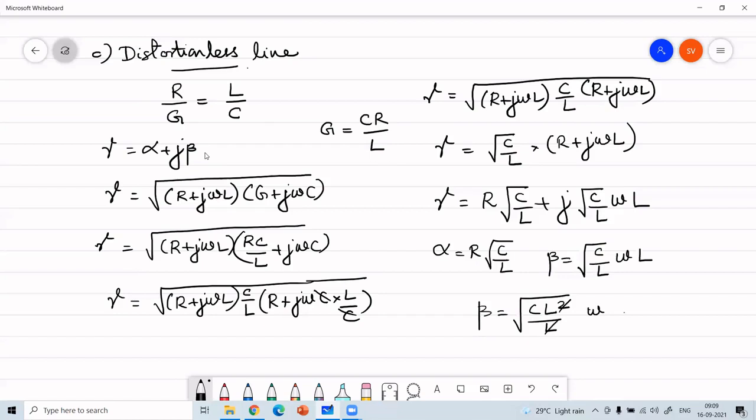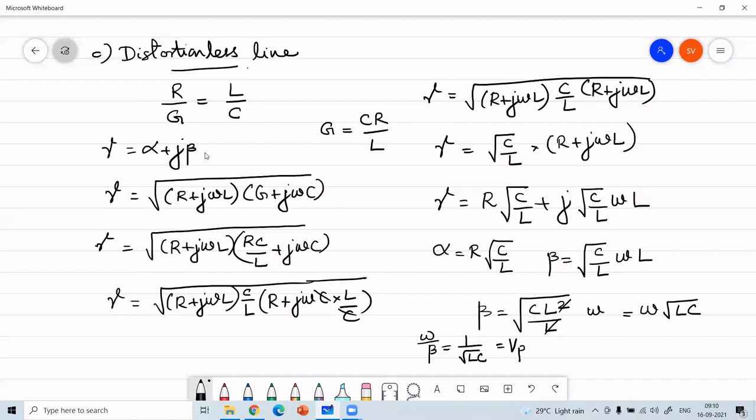L is cancelled, so omega into root LC. And omega by beta can be written as 1 by root LC and is known as the phase velocity Vp.